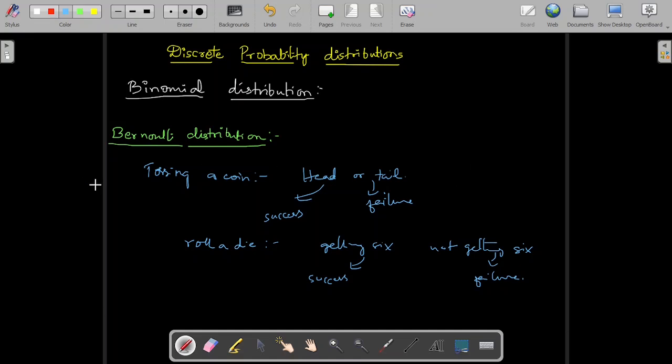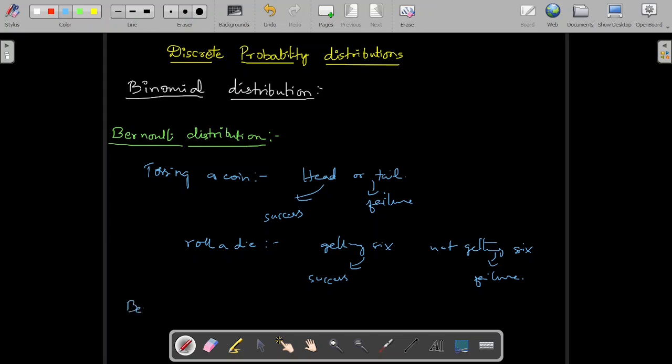So, if you have such experiments where you can divide the outcomes into two categories, one as a success, another as a failure, then such experiments come under Bernoulli trials, and the probability distribution corresponding to such experiments is called the Bernoulli distribution.